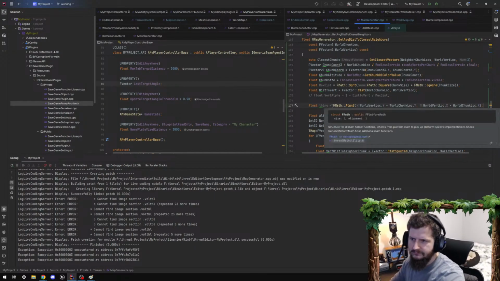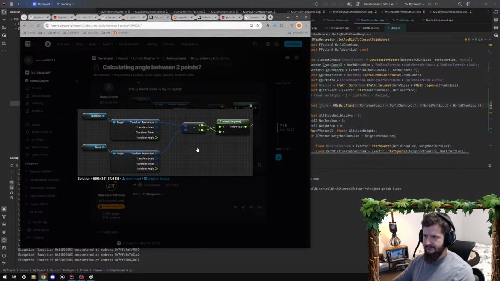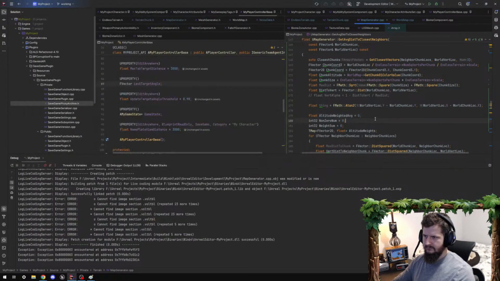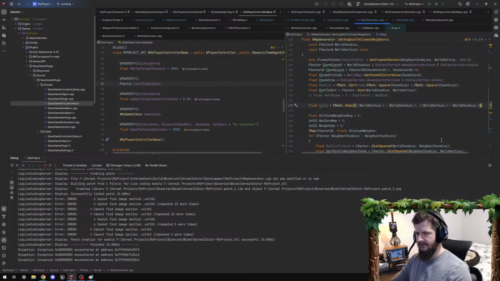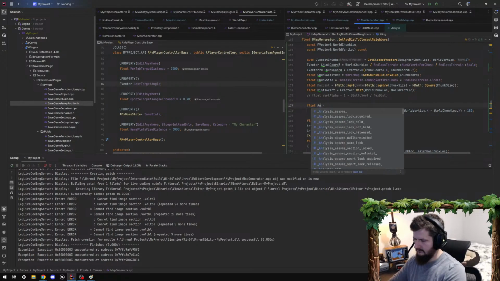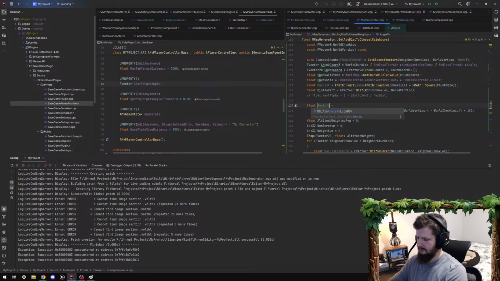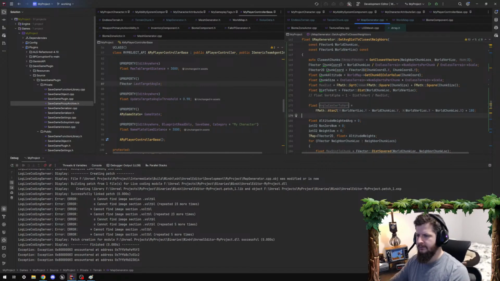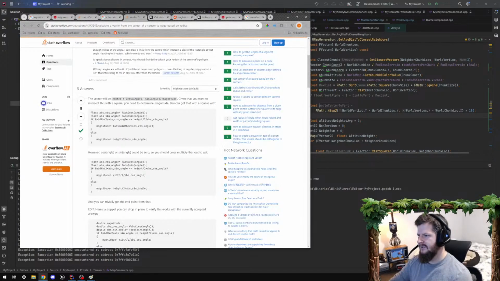Okay. Is that what I want? And then I think I would want plus 180. It's going to be angle center to vert. Okay, now that I have this, can I use some of these other ones?